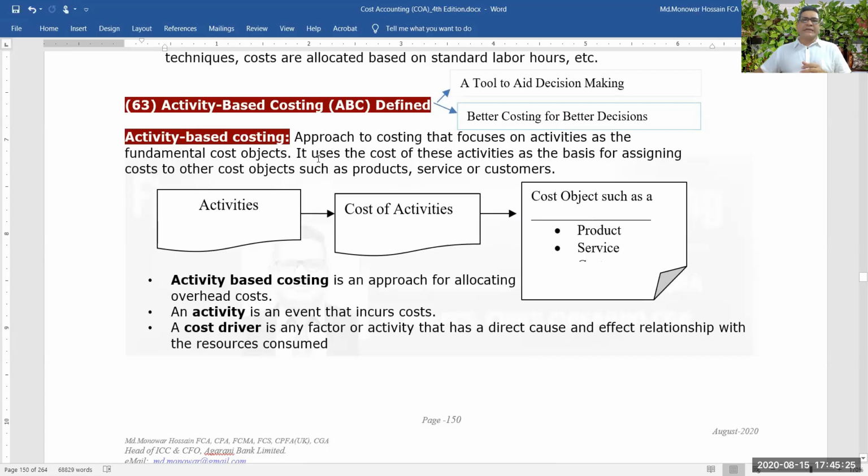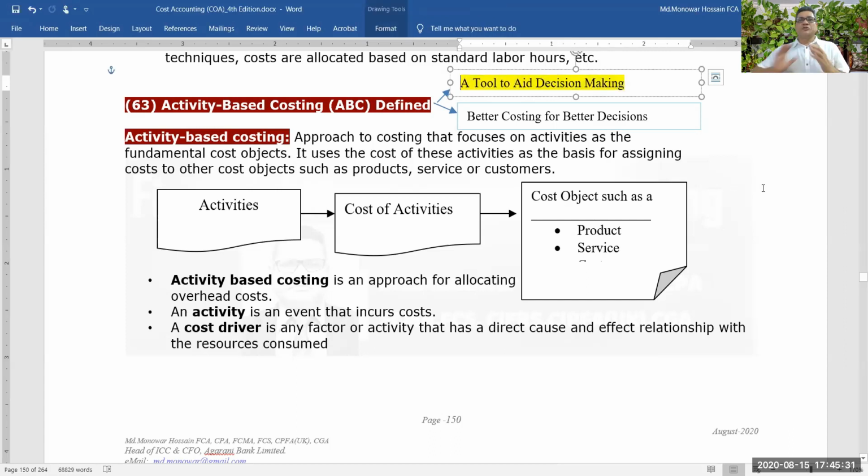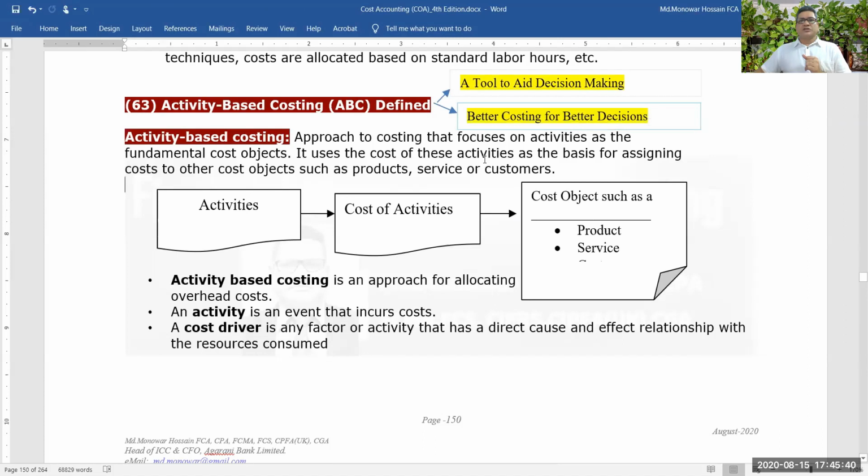Now, activity-based costing. We know activity-based costing is a tool to aid decision making. It is better costing, or we can say better decision making. Activity-based costing is an approach to costing that focuses on activities as the fundamental cost objects.